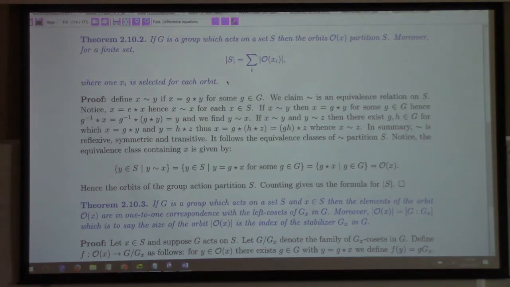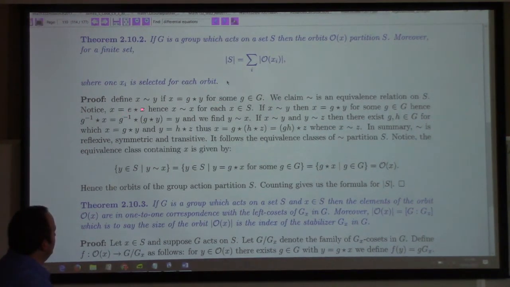But that is tantamount to saying that they're in the same orbit. So two points are equivalent if they're in the same orbit. So that's my equivalence relation right here: x is equivalent to y if you can get x equal to g star y.